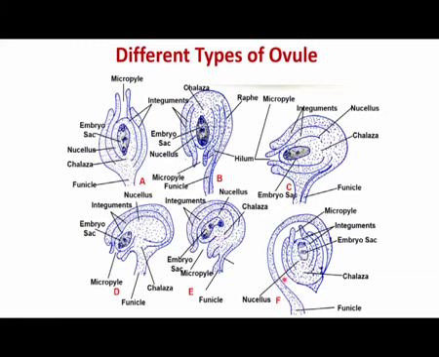In the case of the circinotropous ovule, the ovule gets twisted, and there is a long stalk through which it is connected, and it is completely inverted, with the micropyle facing upward. The funiculus is elongated and appears as a coiled structure. It completely encircles the ovule.